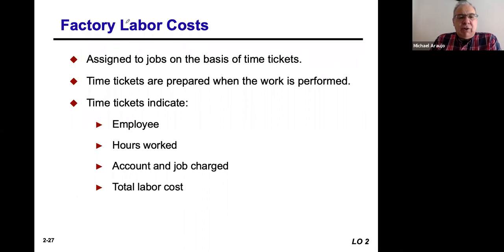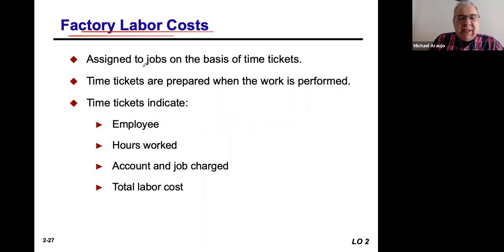All right, so now let's take a look at labor. Remember, manufacturing costs, the raw materials, the factory labor, and the overhead, all have to be allocated and move into work in process inventory before it continues. So it moves a little at a time.